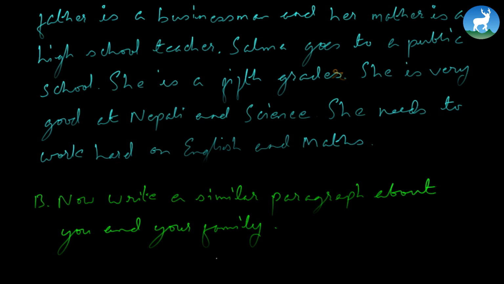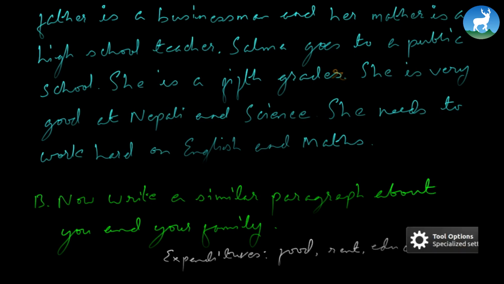So all these things must be included here. Apart from writing about yourself, do include the expenditures on food, perhaps rent or education. So you have to figure that out, and then you know perhaps how much money your parents are investing in your family. Okay, so you can do this as homework.